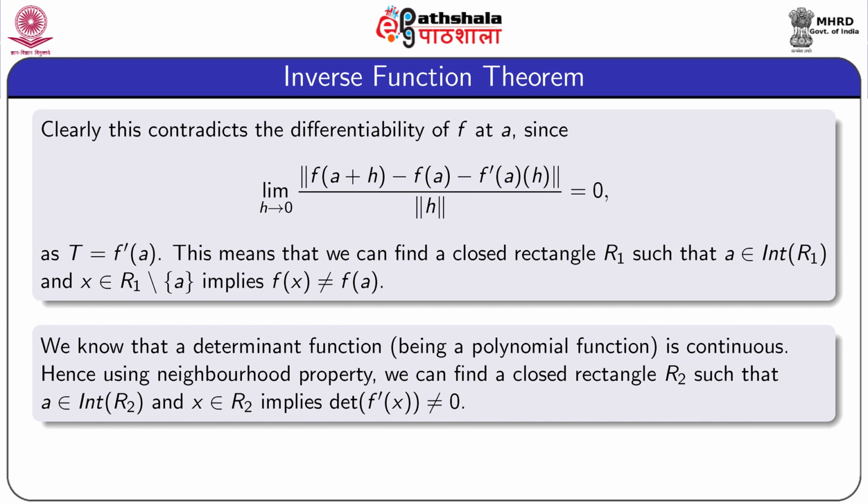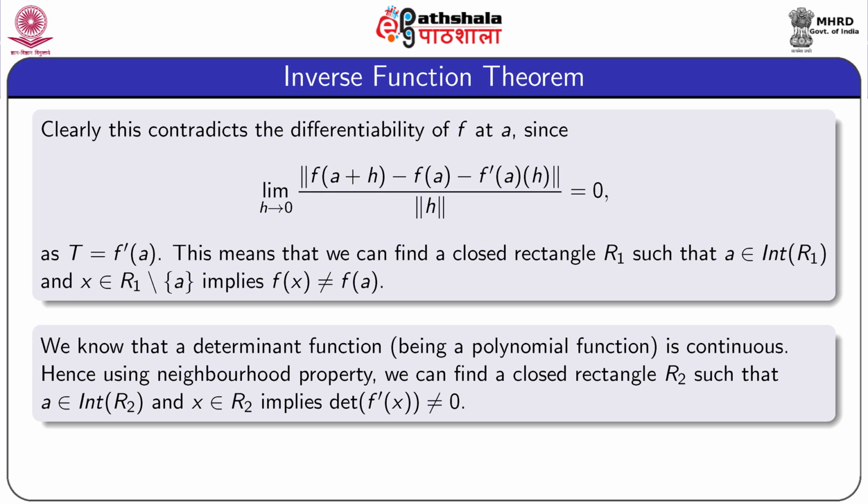Clearly, this contradicts the differentiability of F at the point A, since we have limit H tending to 0 of norm of F of A plus H minus F A minus F dash A operated on H by norm H equals 0, because T is nothing but F dash A.